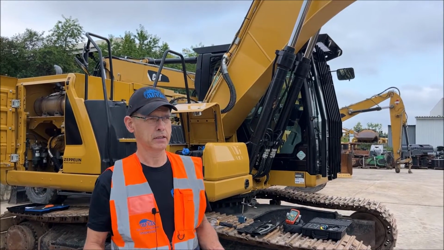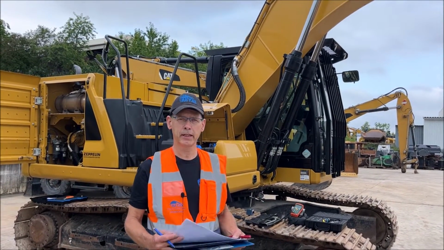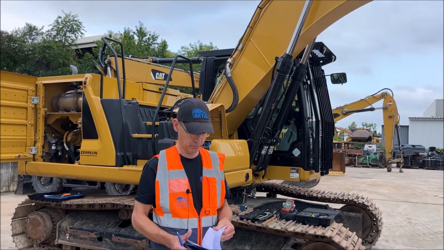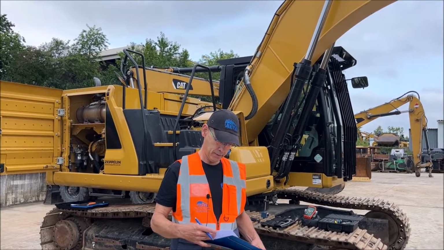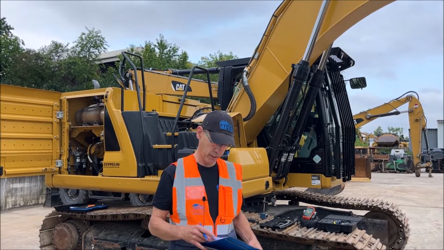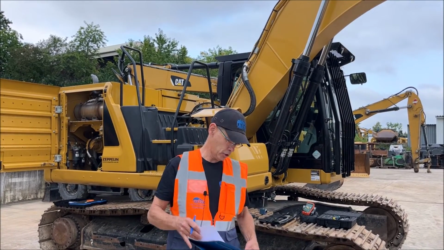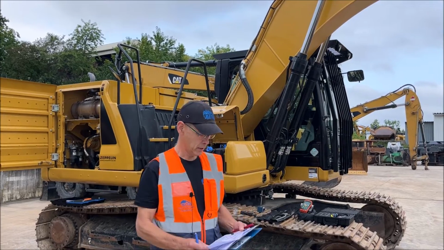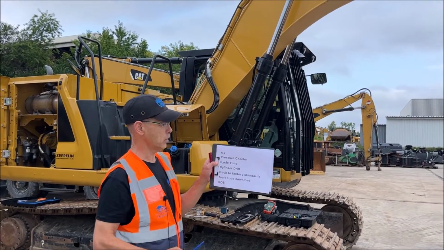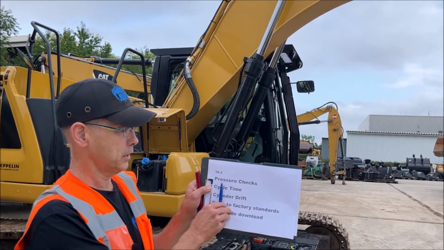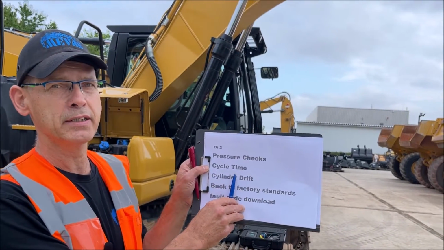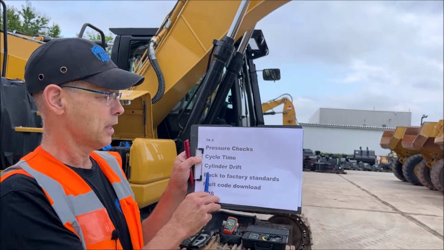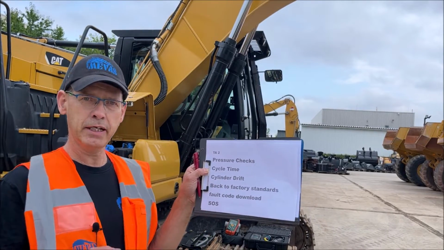So what is an inspection in Caterpillar level TA2? The difference is, or let me put it that way, in addition to the TA1, the TA2 of Caterpillar would include the pressure checks. The inspector would take cycle times. He would check if any cylinder has a drift.